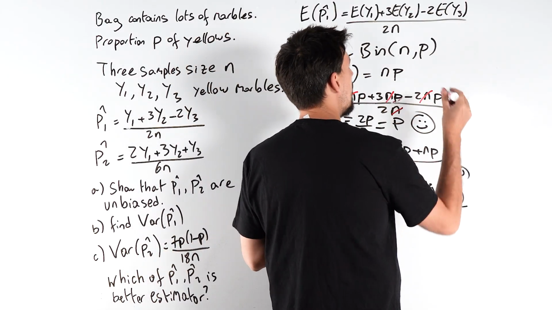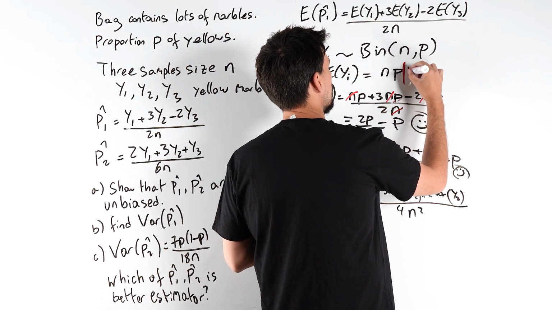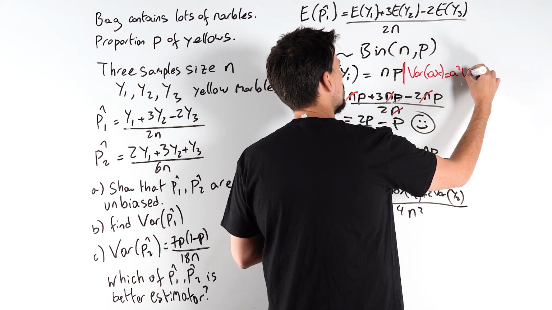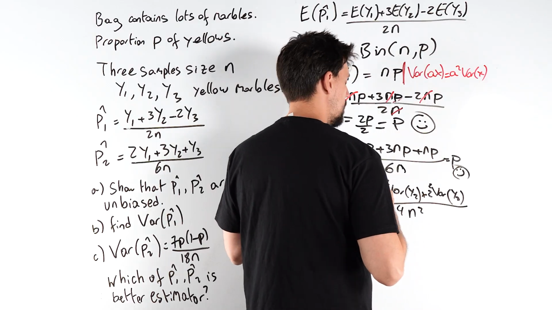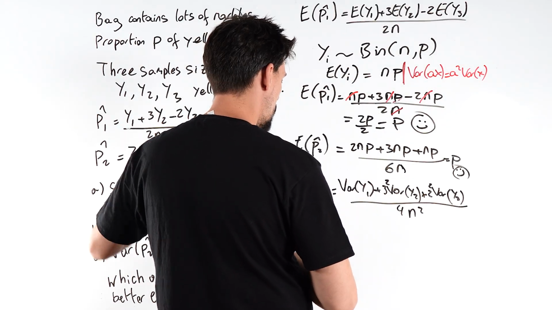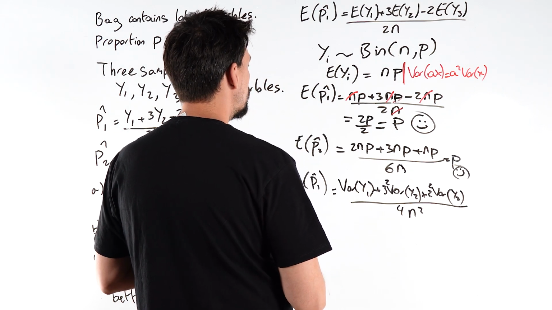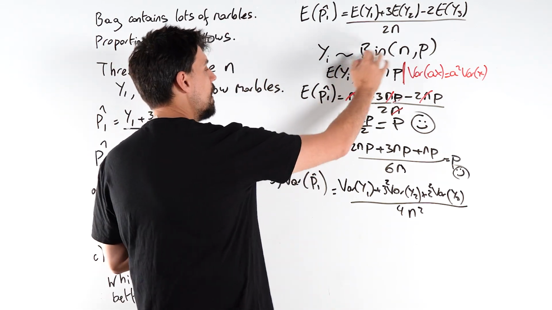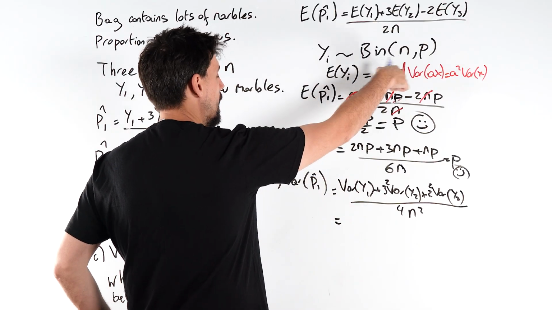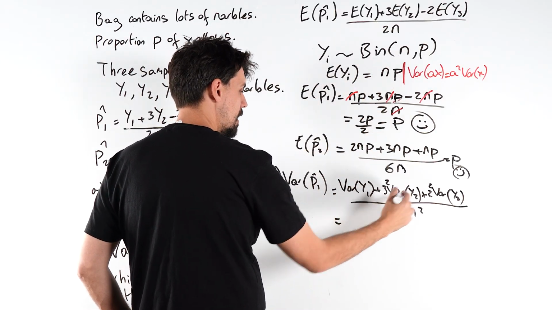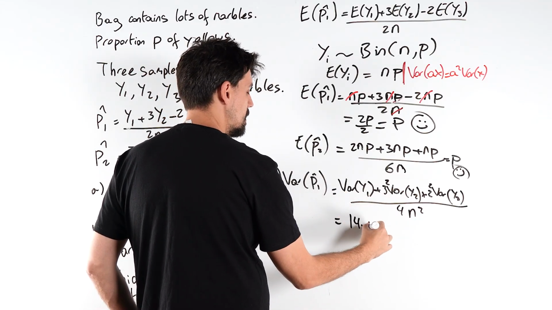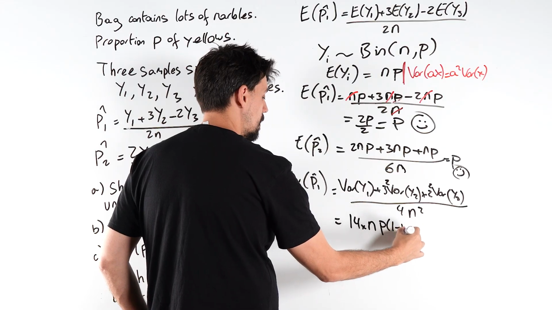What are we using on this one? We are using the fact, if we remember correctly, that the variance of ax is a squared var of x. And of course, the variance of any one of these things is np(1 minus p).